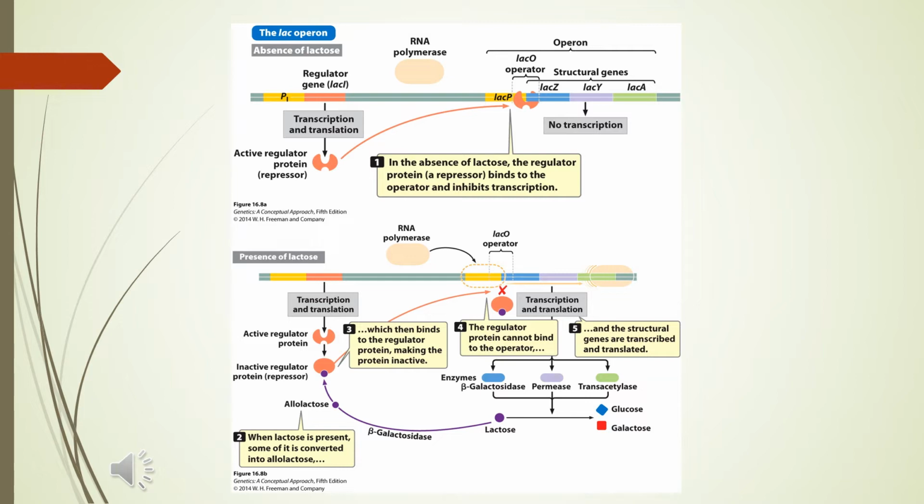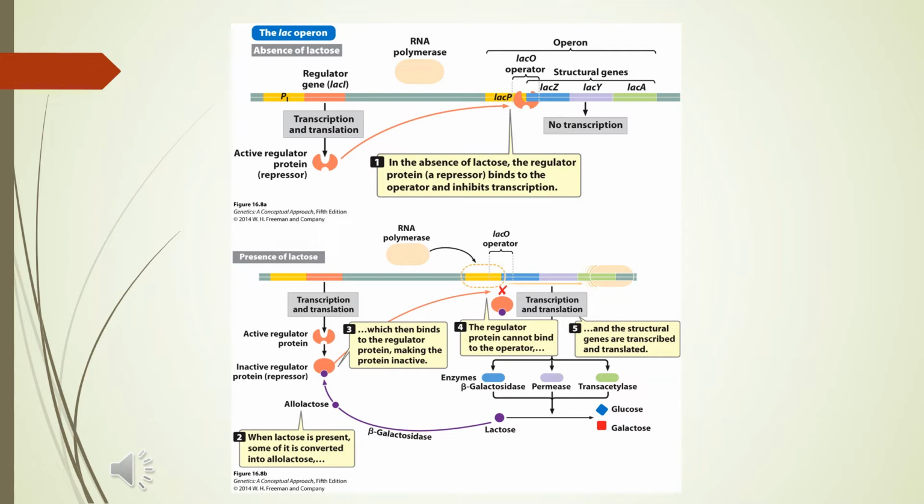So in the absence of lactose, the active regulator protein, that is the active repressor, will be produced and it will bind to the operator region and block RNA polymerase. So there is no transcription.